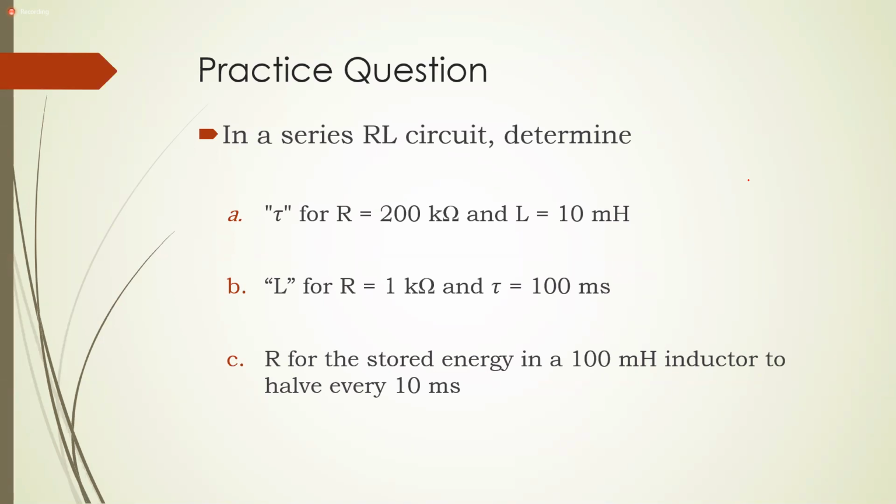Now, for the energy to be halved, what's the implication? What's the formula for the energy stored in the inductor? Half L i squared. The I naught there just meant that we're looking at the initial energy.